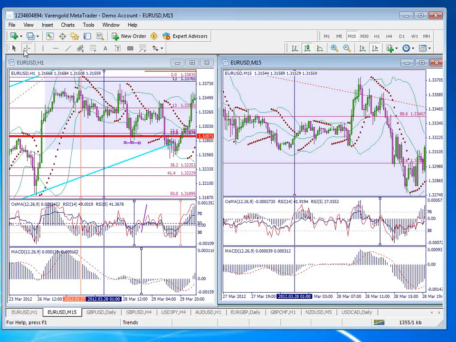You need to use the cross and make the calculation very quickly. So here I have 8 pips and I'm looking for 16 pips on this signal that I have on 15 minutes. When the RSI is coming back, I have to go out.